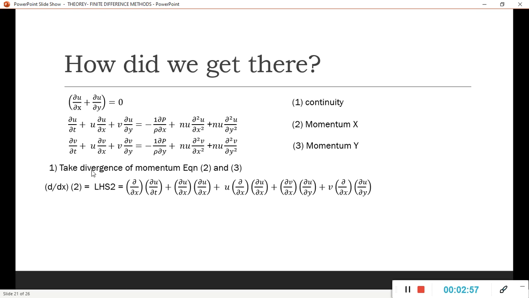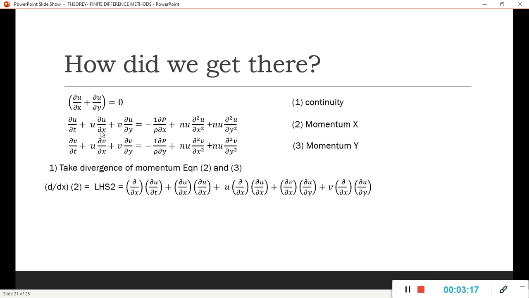First, for the u momentum equation, we take the divergence with respect to x, so dou by dou x. Simply it means introducing dou by dou x for every single term. So if we introduce, for example, dou u by dou t, we have a dou by dou x term here.